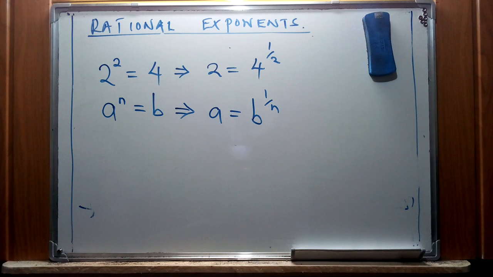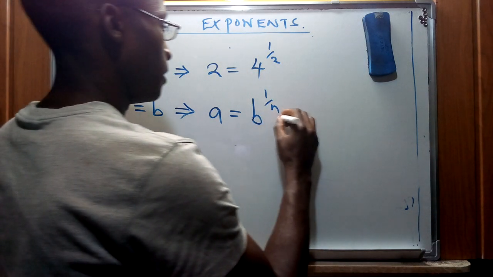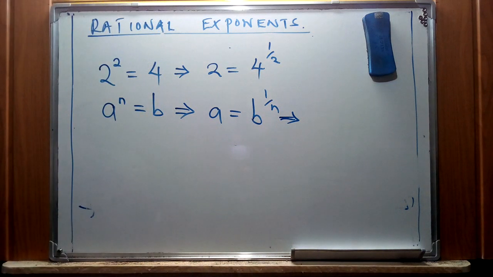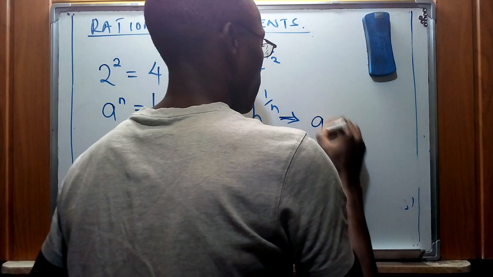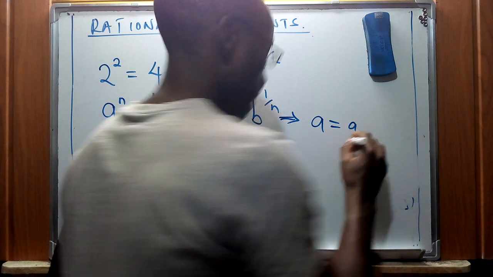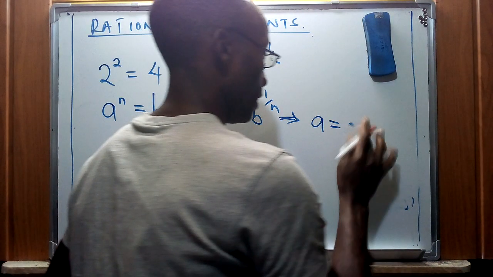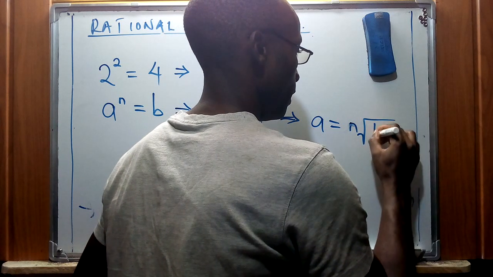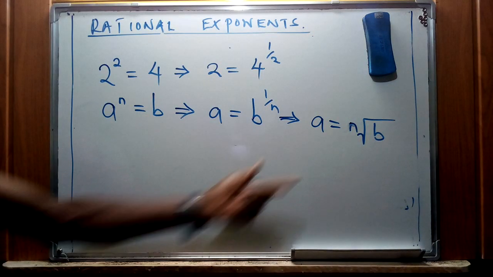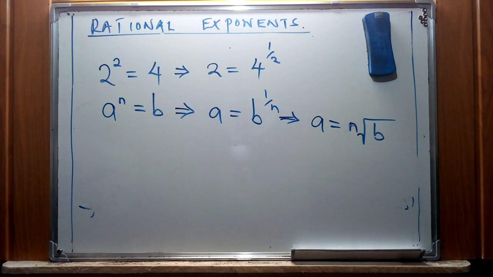So this refers to operations of raising a number base to a power. The examples I've given above will assist us on how to write this. Now suppose I write this second representation in another form, then I'm going to have a represented as the nth root of b. From indices, this is one of the applicable laws.